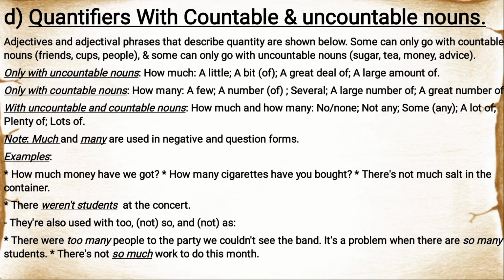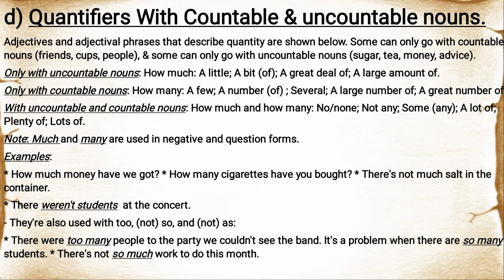Only with countable nouns: how many, a few, a number of, several, a large number of, a great number of. With uncountable and countable nouns: how much and how many, no/none, not any, some, any, a lot of, plenty of, lots of.